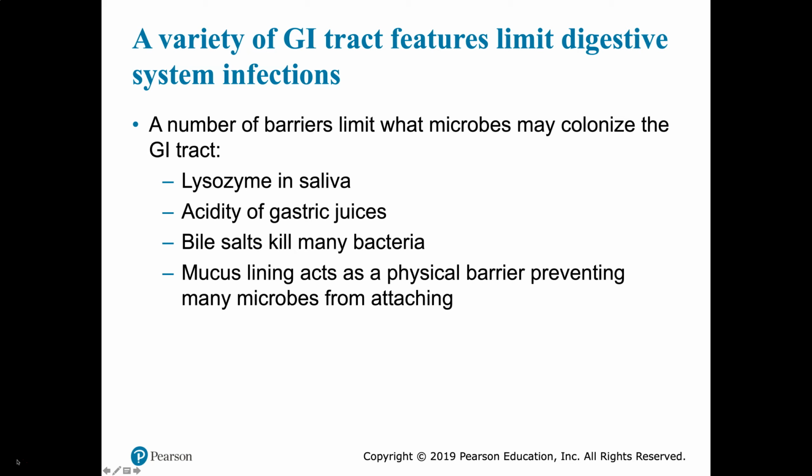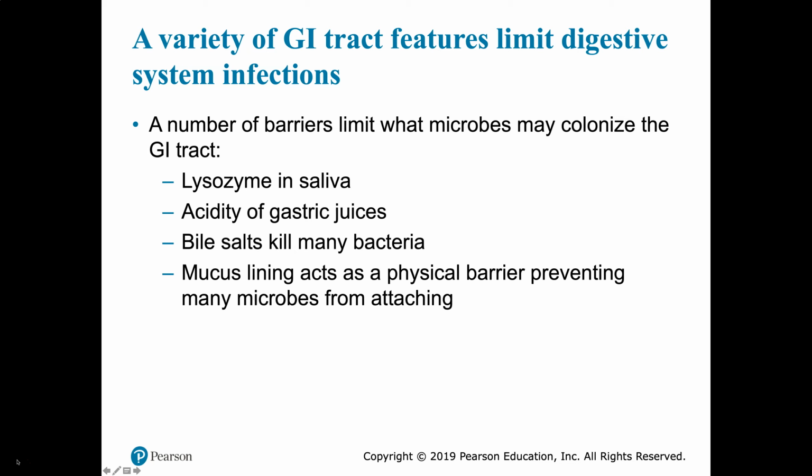Also, you could add to this list the normal microbiota, because the bacteria in your GI system, the good bacteria, we want them to remain there, and we also want the fact that they're going to help protect against pathogens that are trying to colonize.